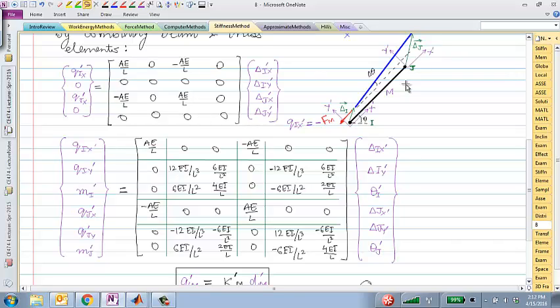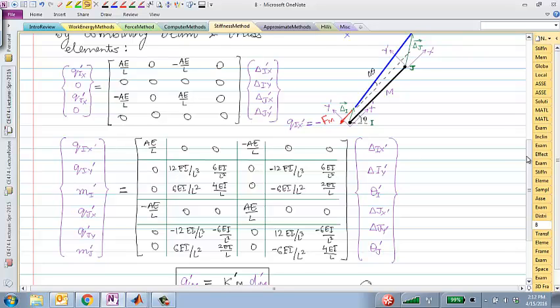If in the local coordinate system for the truss element, this was the relationship. Again, in the local coordinate system for a frame element, this is the relationship that connects degrees of freedom at the two nodes, those are deltas and thetas at I and j, to forces and moments at I and j.